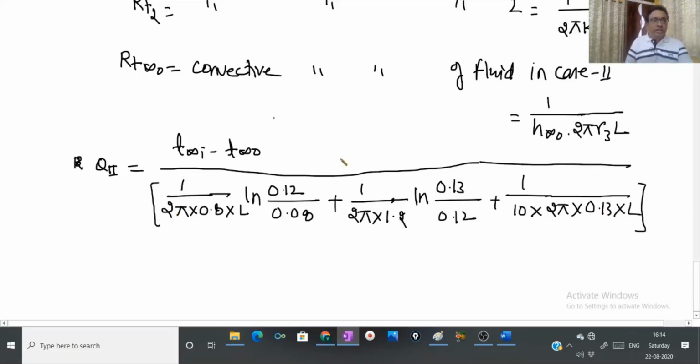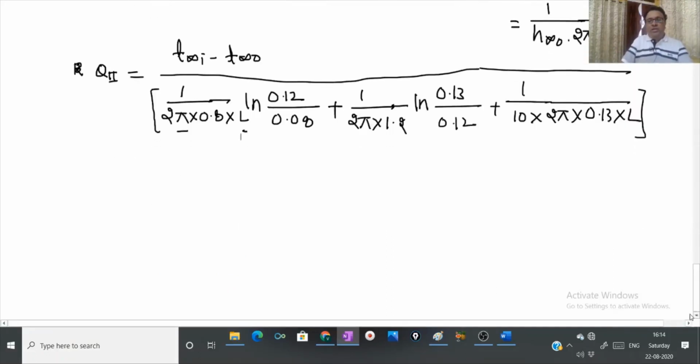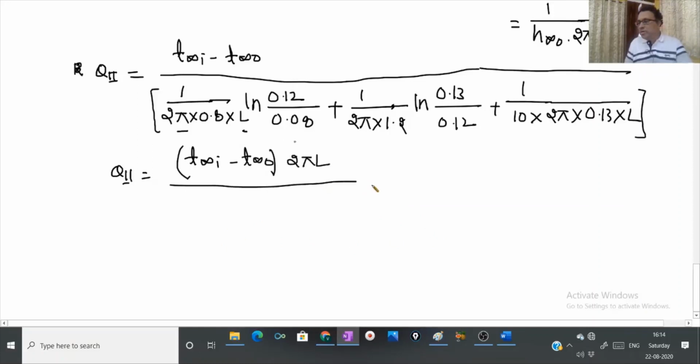Once again, 2 pi L is common, so taking it to the numerator, and after calculation the expression for Q2 will be T infinity I minus T infinity O, 2 pi L, over 1.343.